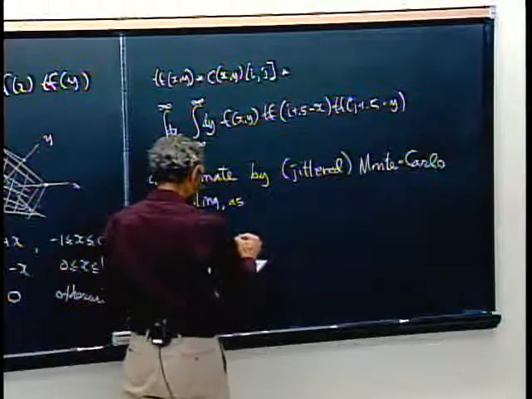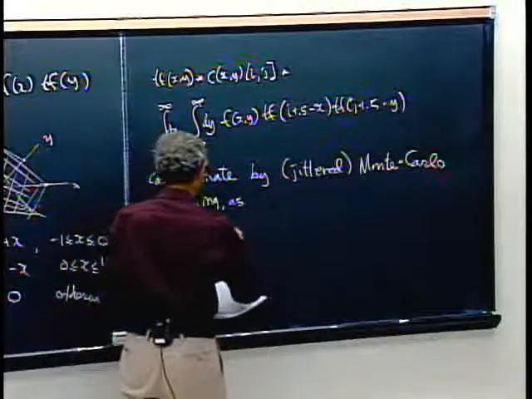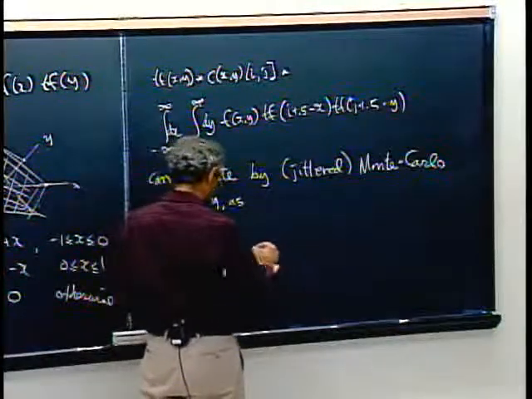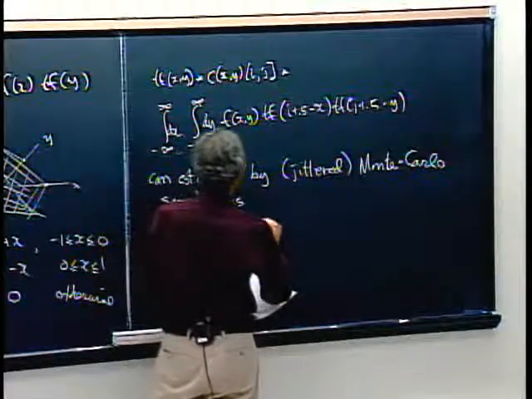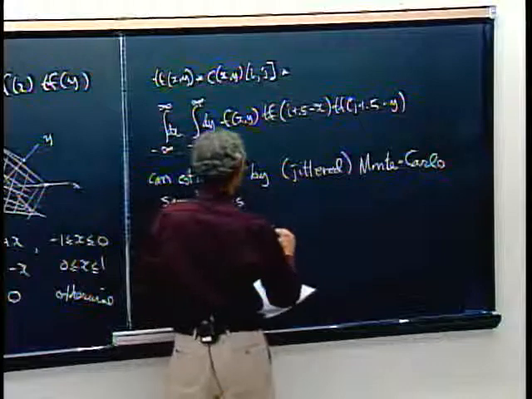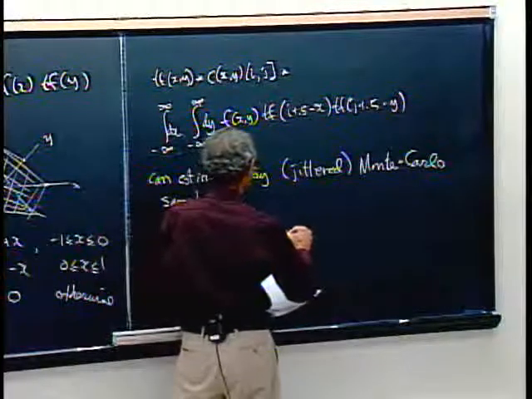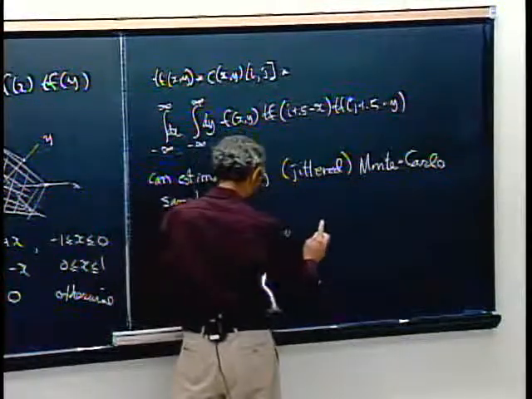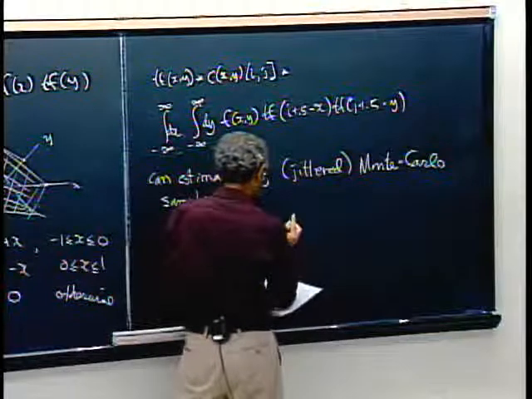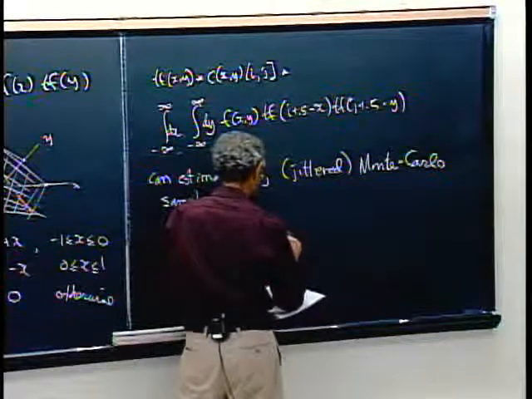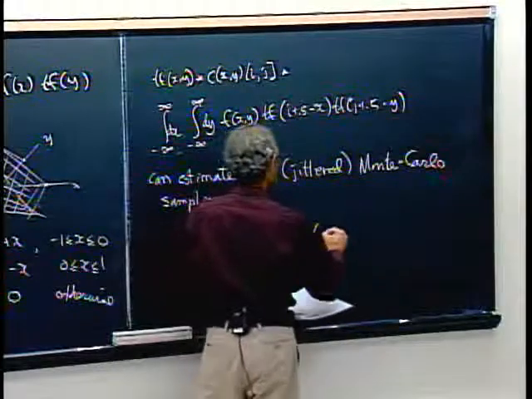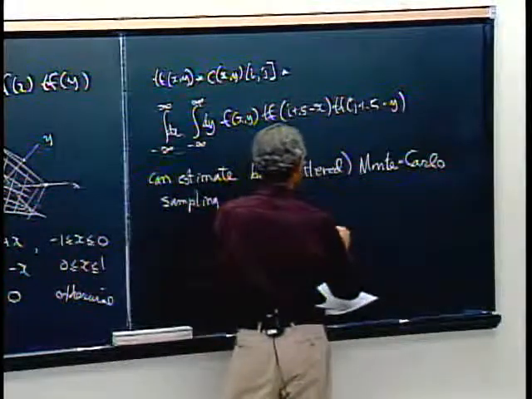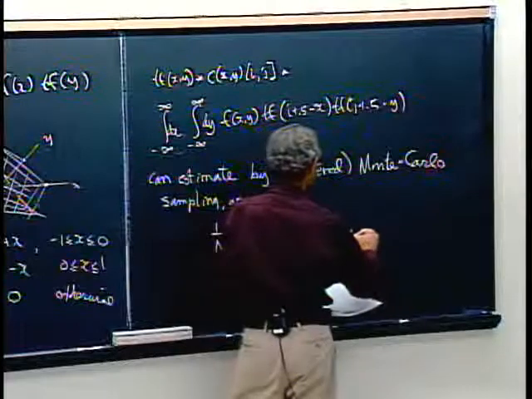So that's going to be 1 over n times the sum of f of x, y. Well, let's just call it xk, yk, times h of i plus 5 minus xk.